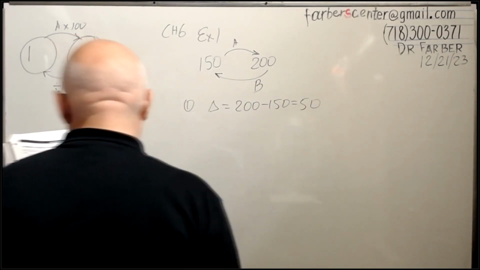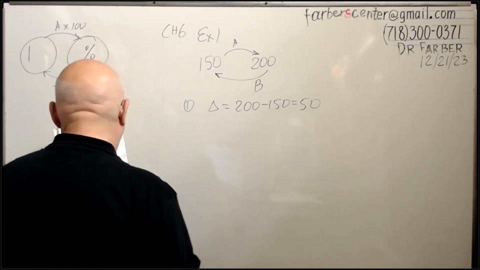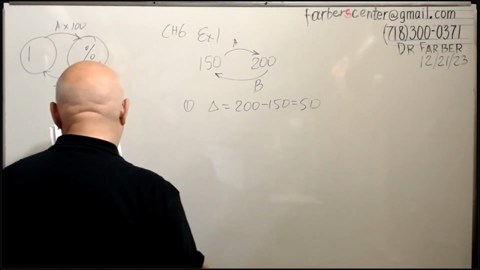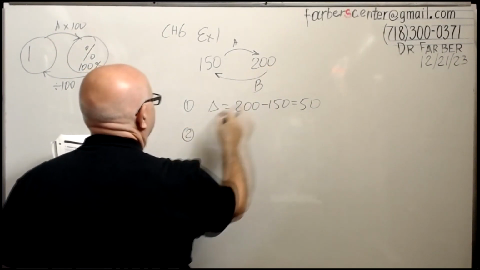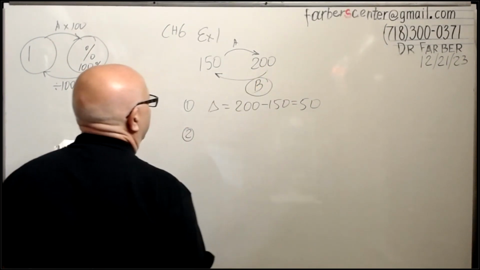But they ask by what percent the staff should decrease, so I use this base, because we are studying branch B right now.